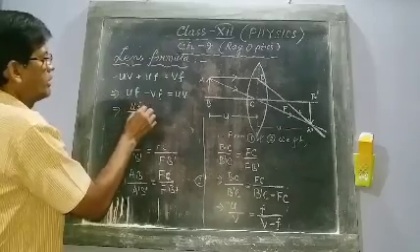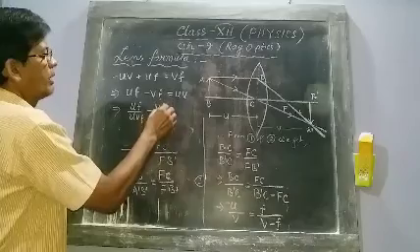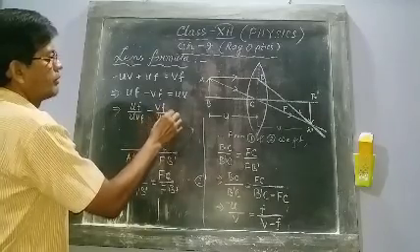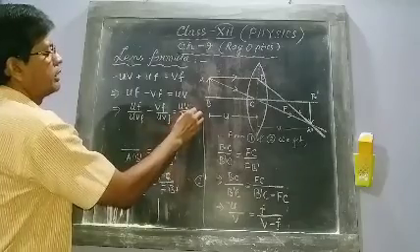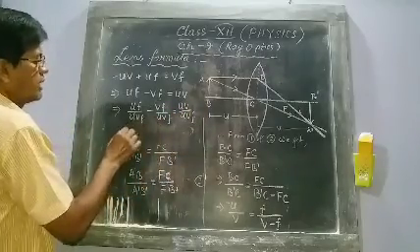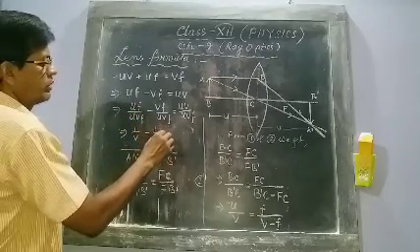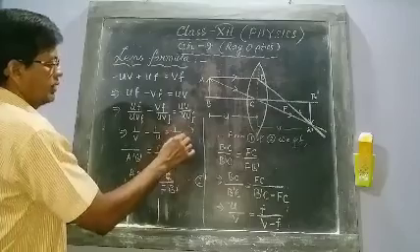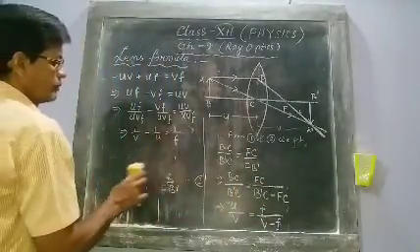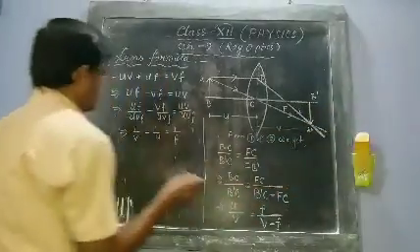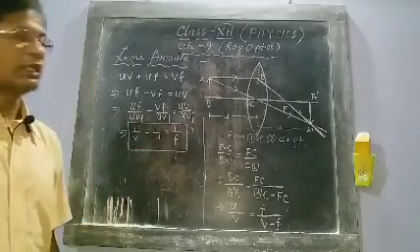UF by UVF minus VF by UVF equals UV by UVF. So cancel. This is 1 by V, this is 1 by U, equals 1 by F. This is the lens formula: 1 by V minus 1 by U equals 1 by F.